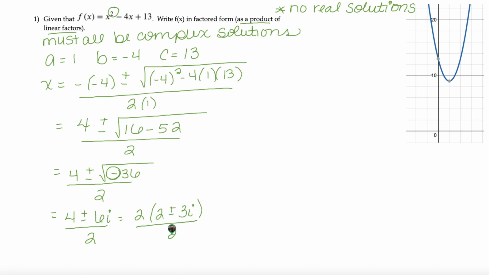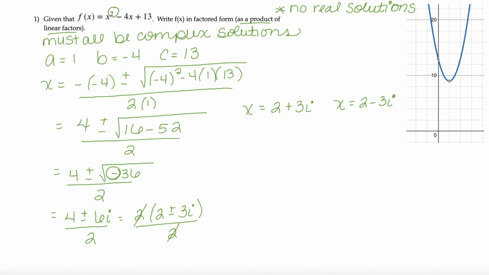We have a common factor that we are able to eliminate. We have two solutions. Our two solutions are when x is equal to 2 plus 3i and when x is equal to 2 minus 3i.